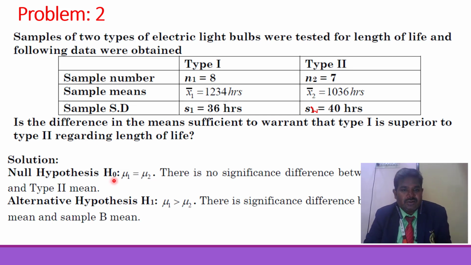H0: mu1 is equal to mu2, there is no significant difference between type 1 mean and type 2 mean. The alternative hypothesis H1: mu1 is greater than mu2.